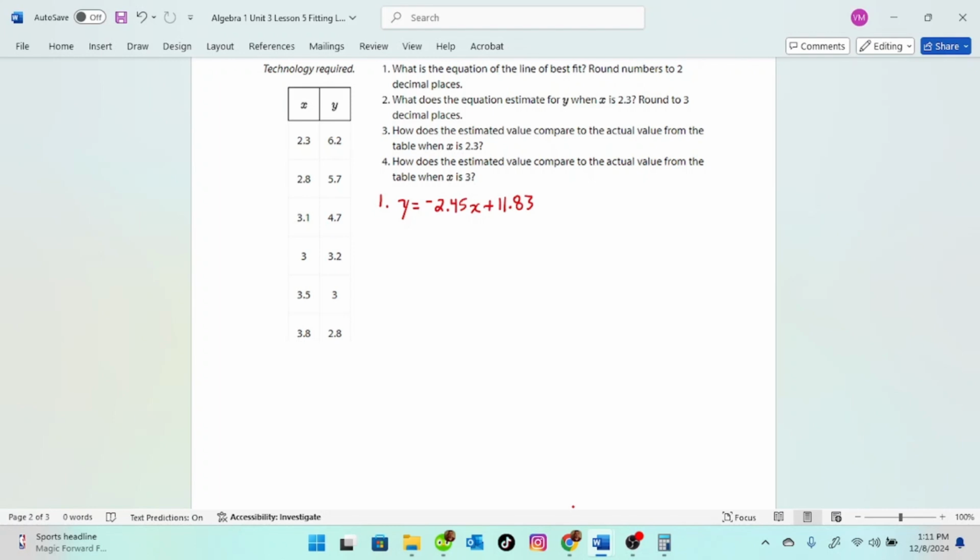So that is how we can use the graphing technology to get the line of best fit.